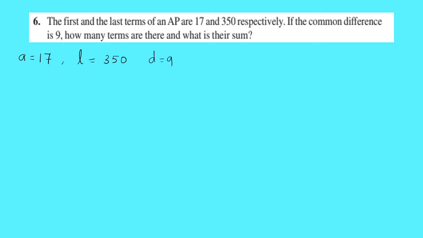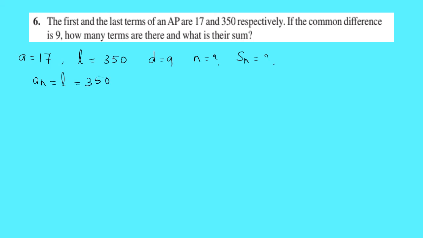How many terms are there? That means n you have to find, and what is their sum? That means Sn also you have to find. Since the last term is given, you can take the last term as the nth term, that is An, that is L, equal to 350.